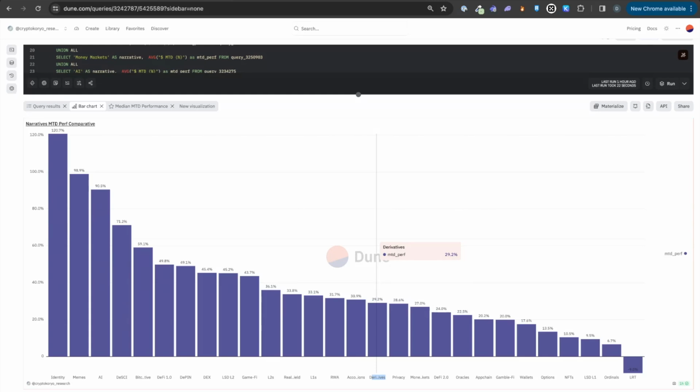However, if you're a narrative trader like me, and you look at these charts and at what is outperforming, you would know that no matter what happens and what kind of announcements in the derivatives sector, usually they do not go to the left side of this chart. And this is true for many of the narratives here.